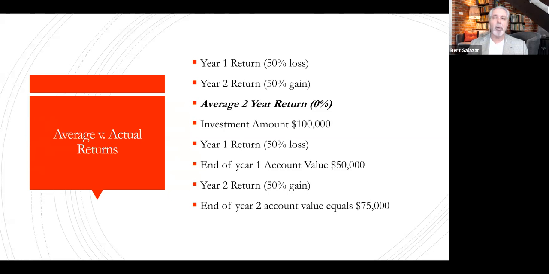So that would bring you up to 75,000. So in reality, although your average rate of return from an averages perspective was 0, your actual loss for that 2-year period was a negative 25%, or a loss of $25,000 to that portfolio.